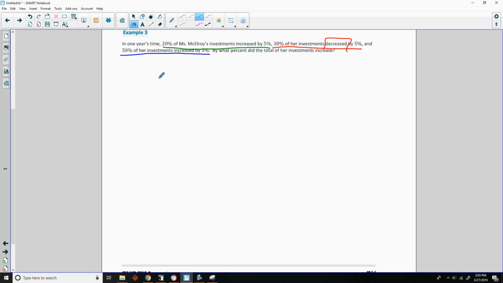Okay, so let's let N be the original investment. So after the changes, here's what we're going to have. We're going to have 20% increase by 5%.